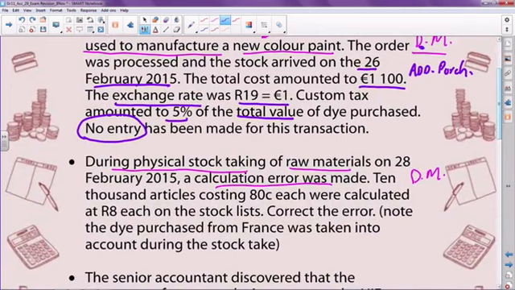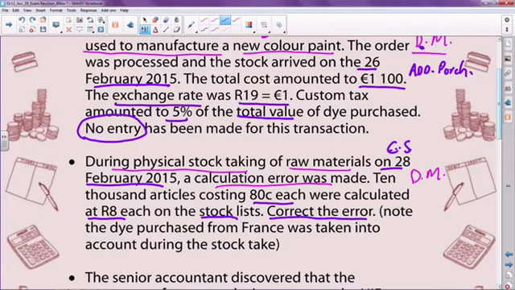During the physical stock taking of raw materials on the 28th of Feb 2015, end of the year, so obviously closing stock, a calculation error was made. 10,000 articles costing 80 cents each were calculated at 8 Rand each on the stock list. And then they're asking you to correct the error.